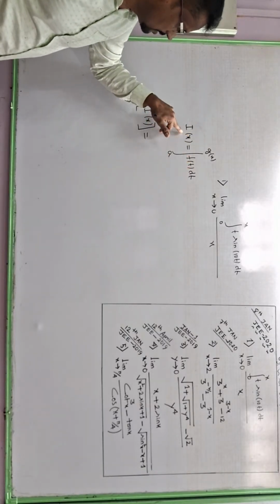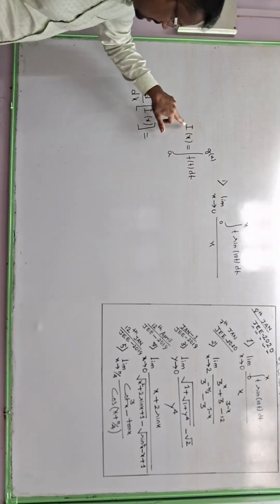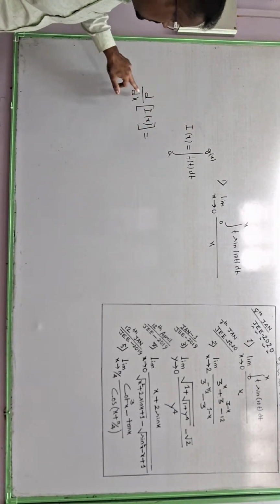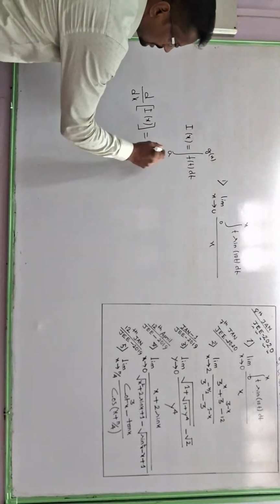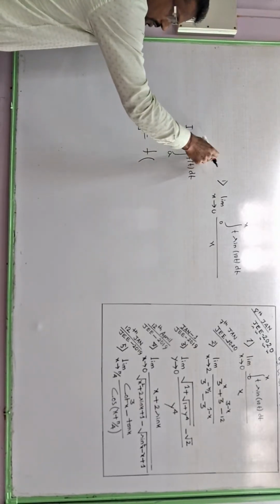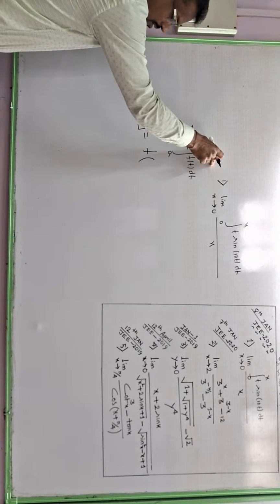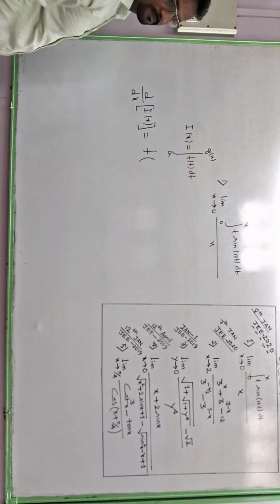Then what's the derivative of this? The derivative of this integral, I denoted it by I(x). So d/dx of I(x) equals f of, give the input as upper limit. So replace t by g(x).